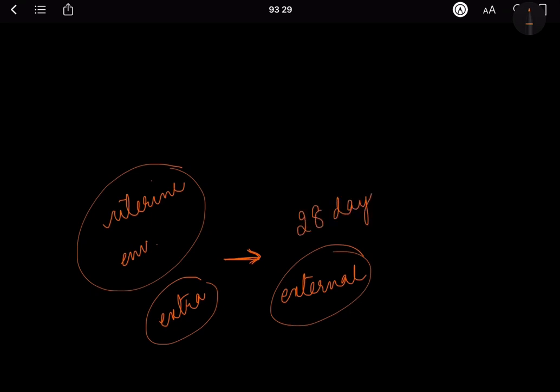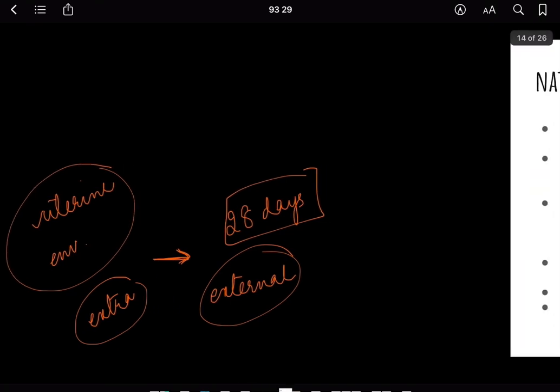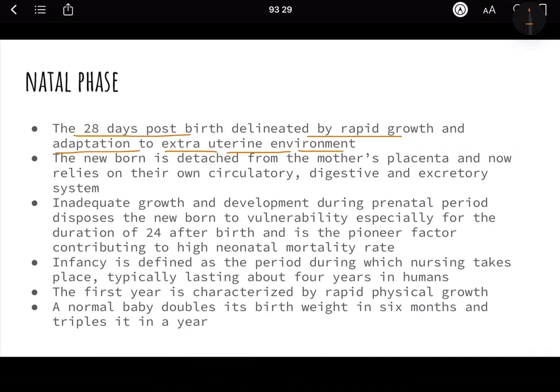The first 28 days, okay, are difficult, because now the baby is not supported by the mother, but has to develop on its own, and this is also the time when the baby shows rapid growth, okay?